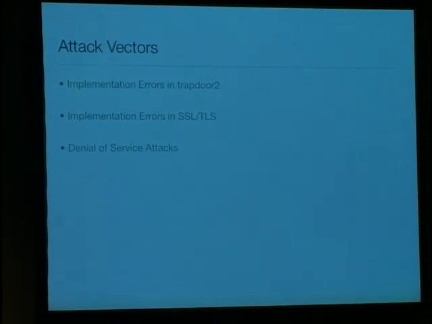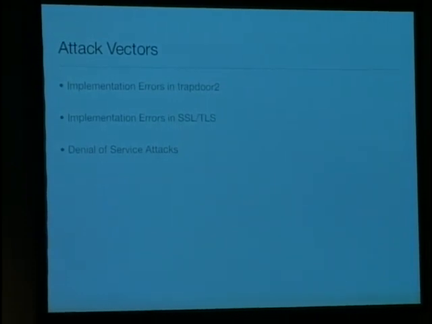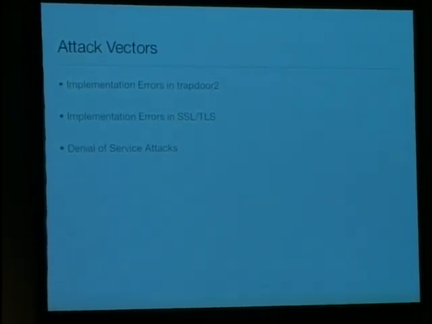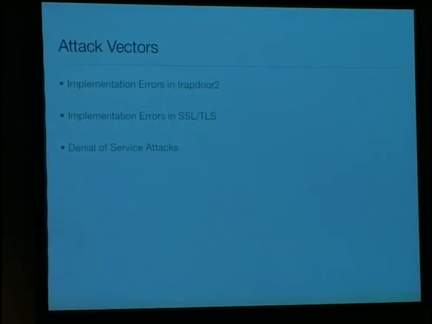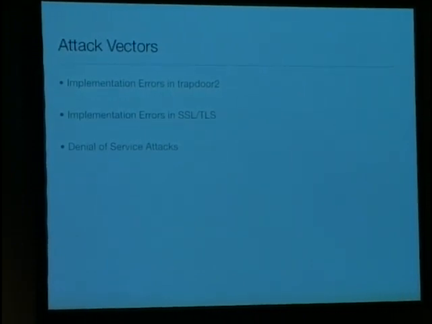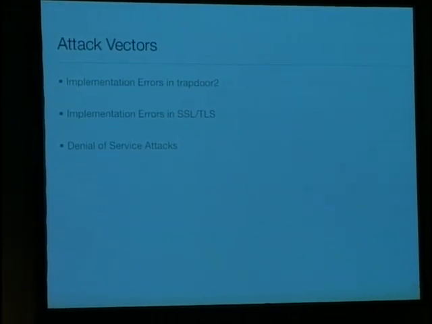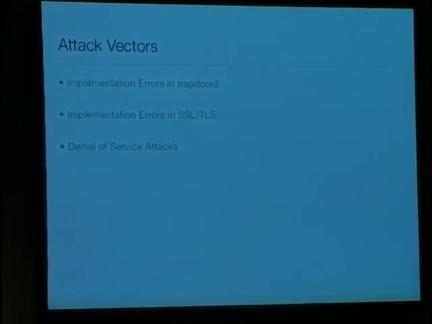For example, buffer overflows, integer overflows, all that kind of usual stuff you have to care about when you use a low-level language like C. Then another main attack vector is the SSL implementation, like for example OpenSSL or GNU-TLS or whatever you use.